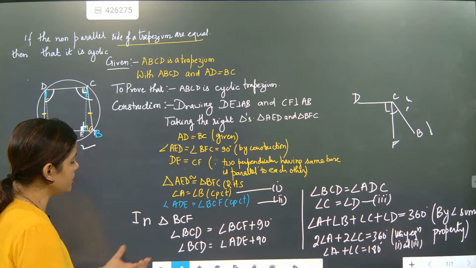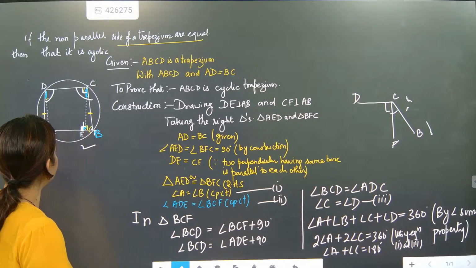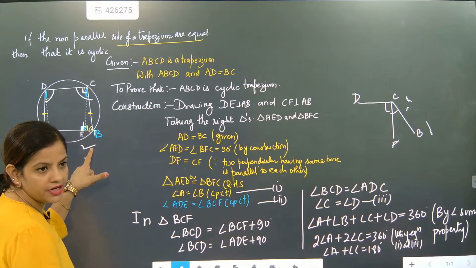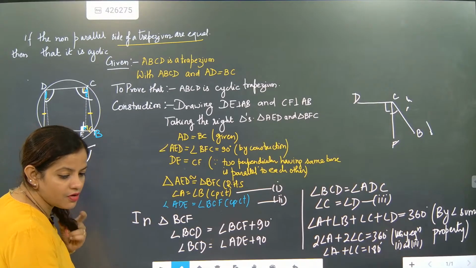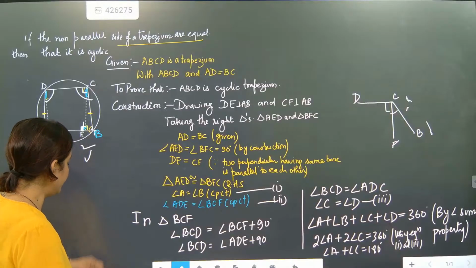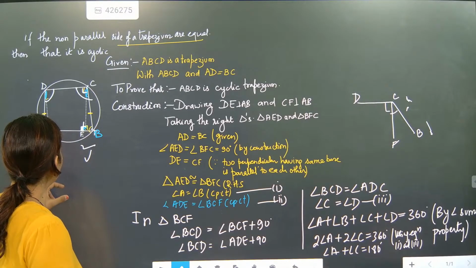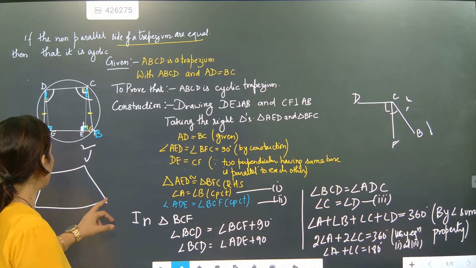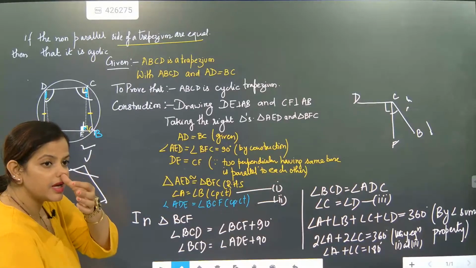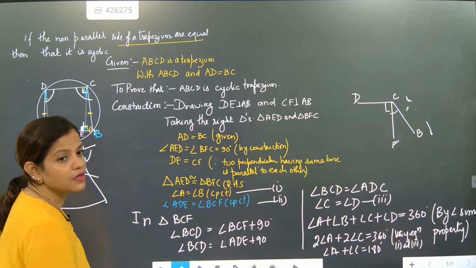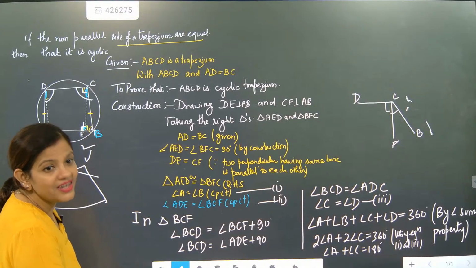So now listen. Angle ACB, this section and this section. Got it? So we have written all that part, and after writing all the sections, what work have we done? We said that the opposite angle sum in a quadrilateral is coming as how much? 90 degrees? No, 180 degrees.